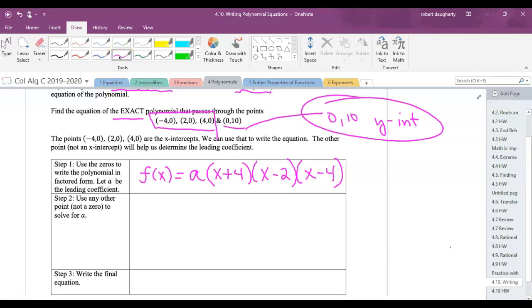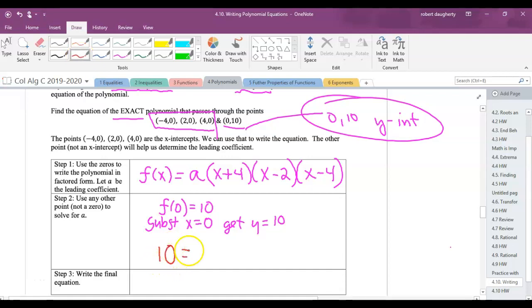Since f of 0 equals 10, when you substitute x equals 0, you should get y equals 10. So I'm looking for the solution to 10 equals a times (0 plus 4)(0 minus 2)(0 minus 4). When you plug in a 0 for all your x's, your answer has to be 10.